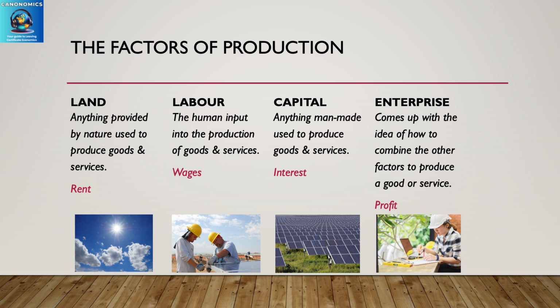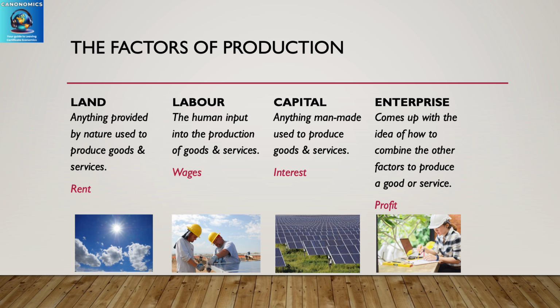So, using the example of the images below, or in the video, the entrepreneur, maybe they're a farmer looking to use some of their land to capture energy from the sun to produce and sell electricity. The farmland and the sun are examples of land provided by nature.